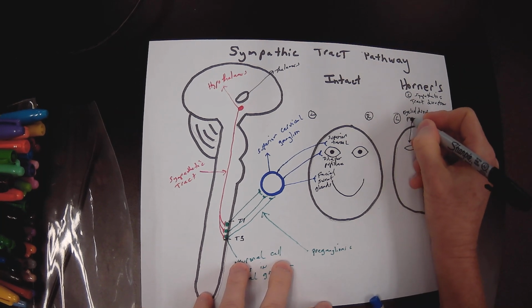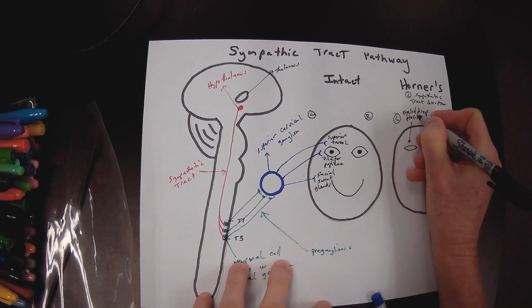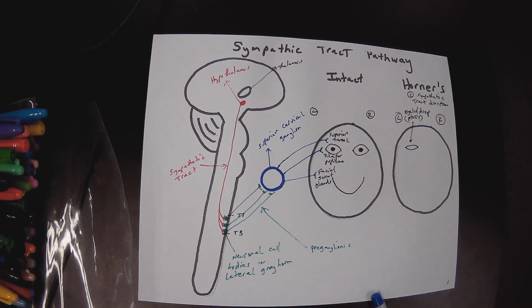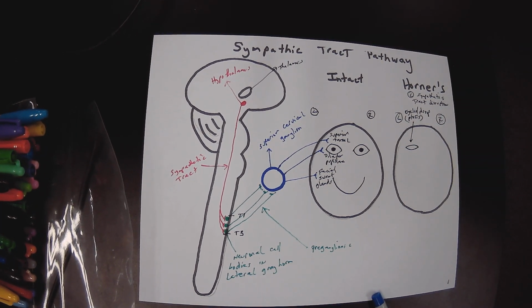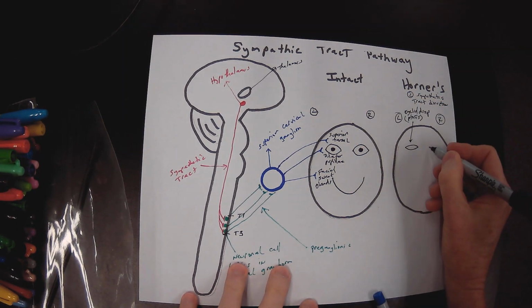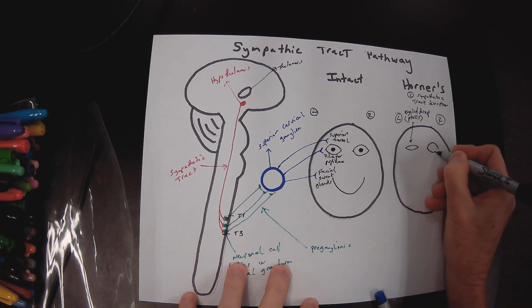Ptosis, P-T-O-S-I-S. A drooping eyelid, also known as ptosis. Okay, so it's the left side that's affected, so the right side looks just like a normal eye, fully opened eyelid.